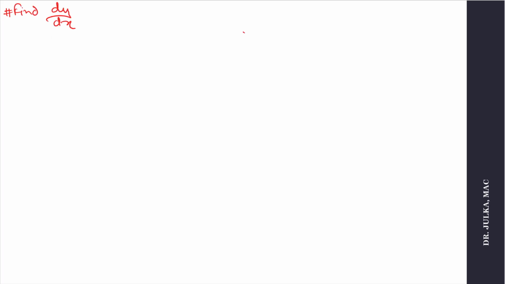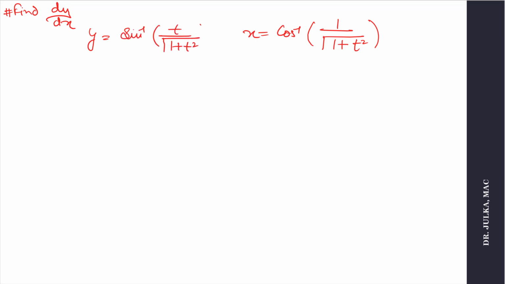Next example. Find dy by dx where x equals cos inverse 1 divided by the root of 1 plus t square, and y equals sin inverse t divided by the root of 1 plus t square. Here y and x both are functions of t.